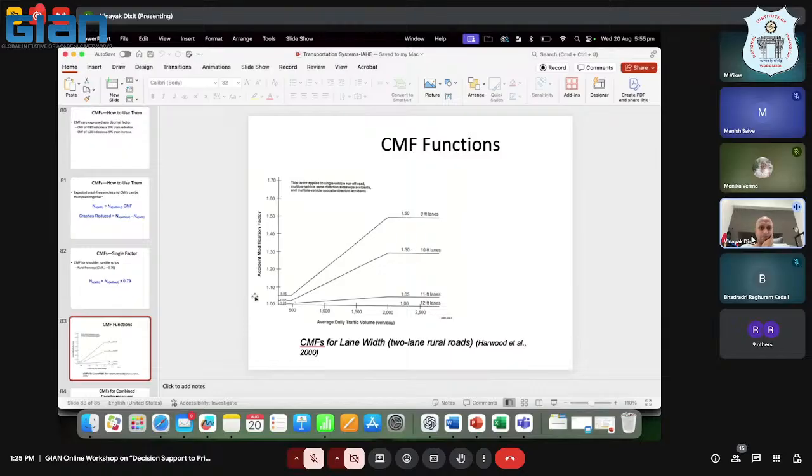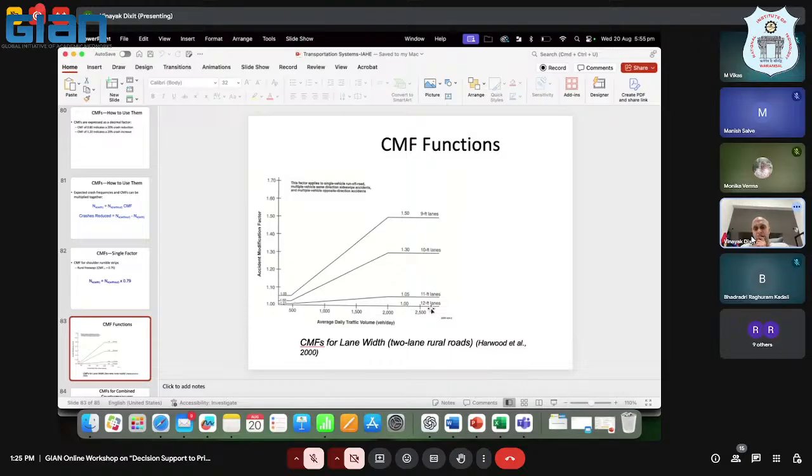This is giving you some CMFs, called accident modification factors, for different average annual daily traffic and different lane widths. As the lane widths reduce, the crash modification increases. So for narrower lanes, there's almost a 50% increase.